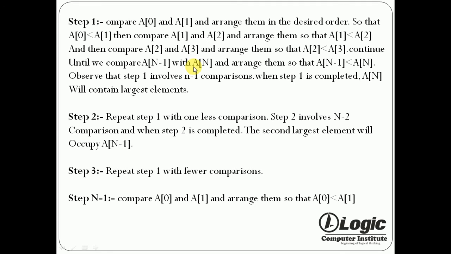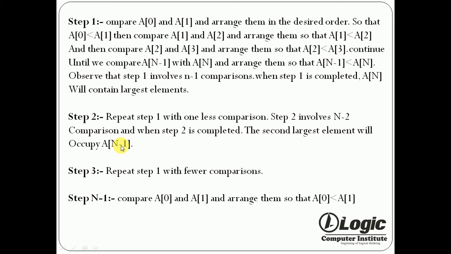Suppose we sort 5 elements. In the first step there are 4 comparisons. In step 2 there is one less comparison than step first, that is 3 comparisons, and after completion of step 2 we get the second largest element, which occupies the a of n minus 1 location.